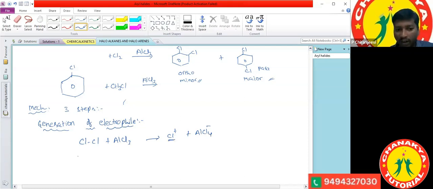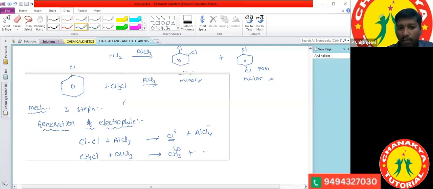Now we are taking CH3Cl. CH3Cl is also treated with AlCl3, which is a Lewis acid. It is also formed as CH3 plus and AlCl4 minus.